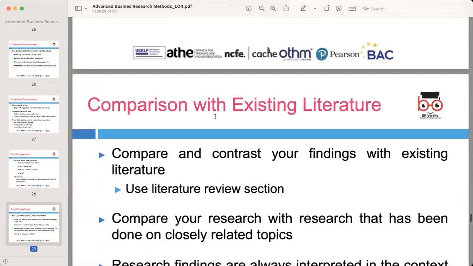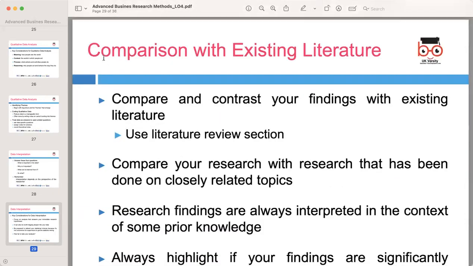Comparison with existing literature, which I was talking about previously. Compare your research and existing research or literature. As researchers, we always build upon the knowledge that has been accumulated by others before us. So it is fundamental to compare and contrast our findings with the existing body of literature.